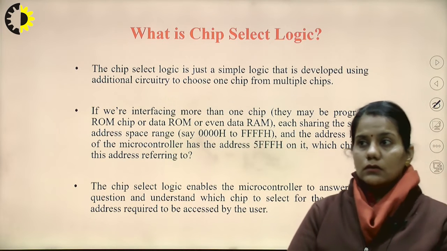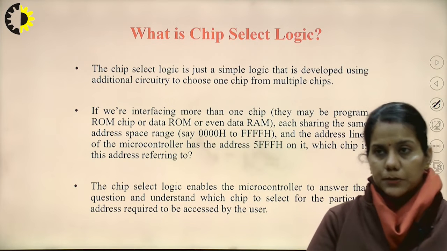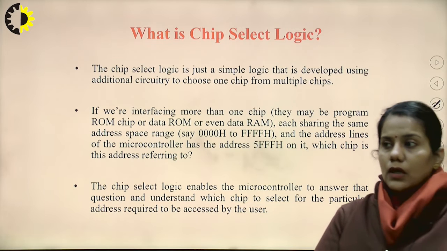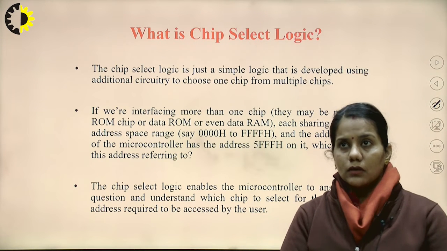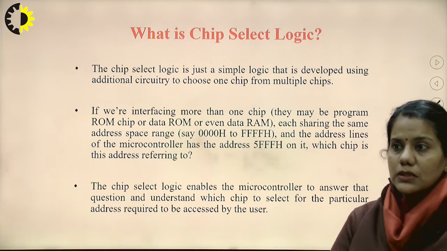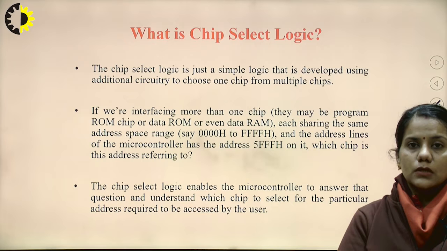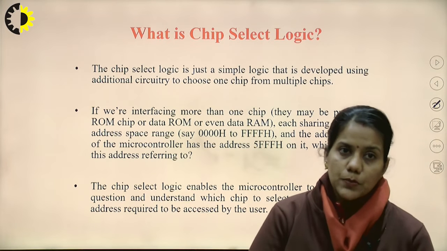While interfacing multiple memory chips, we have to decide which memory from among the available ones is to be selected or interfaced. This is decided using the decoder logic, or we can say the chip select logic.